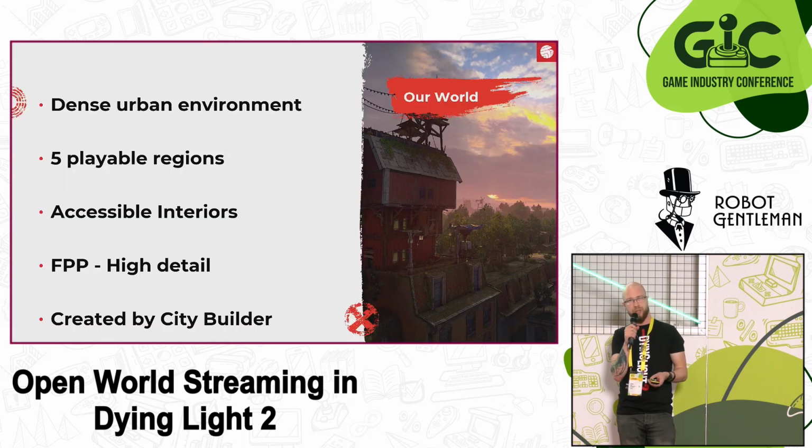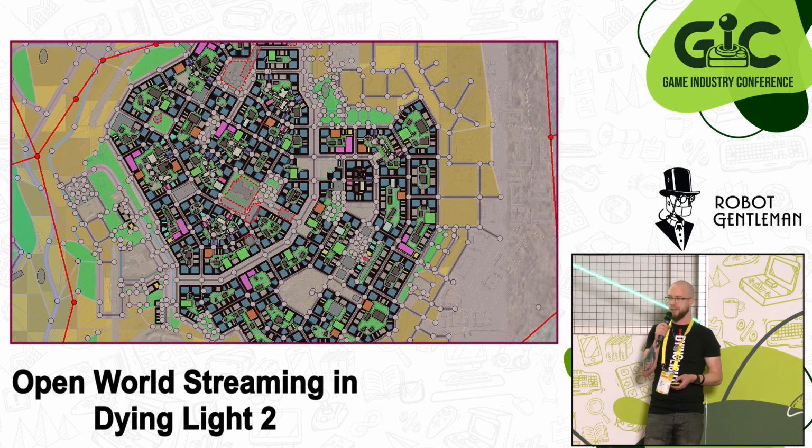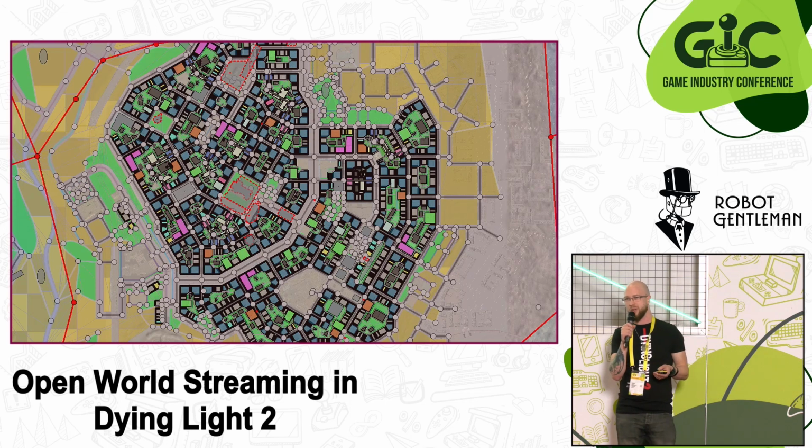Now it's also worth mentioning that the world, its structure, is created by our City Builder toolkit, which is like a 2D planner that we use to semi-procedurally generate the map. I won't go into too much detail about it. I gave a detailed talk about it in Digital Dragons this year, so you can check this out if you're interested.